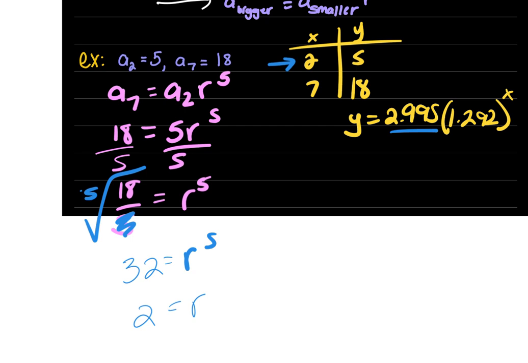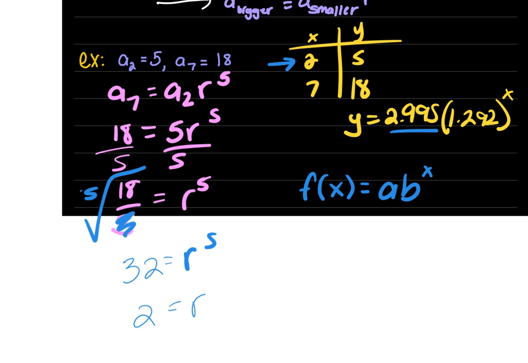So now if I want an equation, you have to pay attention to how it asks. If it says you need an equation and it needs to be f of x equals a b to the x, then what does the exponent on this have to be? You can't add and subtract anything here. That means this has to be a0. Does that make sense? So if this is x, this has to be a0. Which means in this scenario where I have a2, I'd have to go backwards twice.